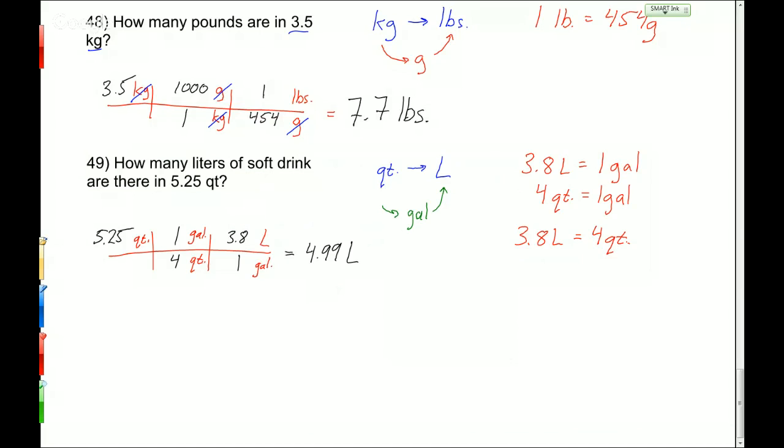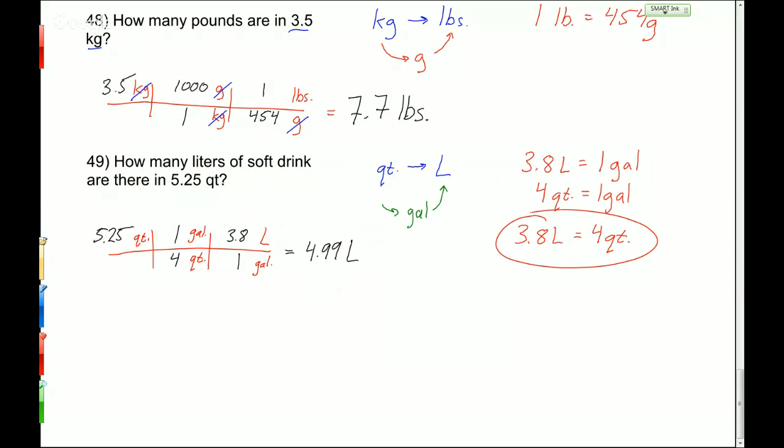So then we could set this problem up just using this one, and it would look like this. We could go directly from quarts to liters by saying 5.25 quarts. 3.8 liters is the same as 4 quarts.